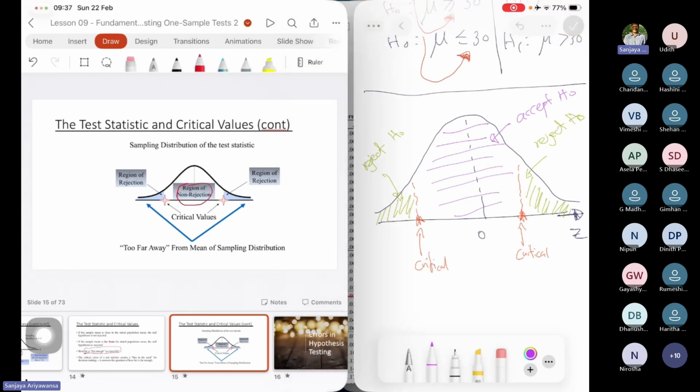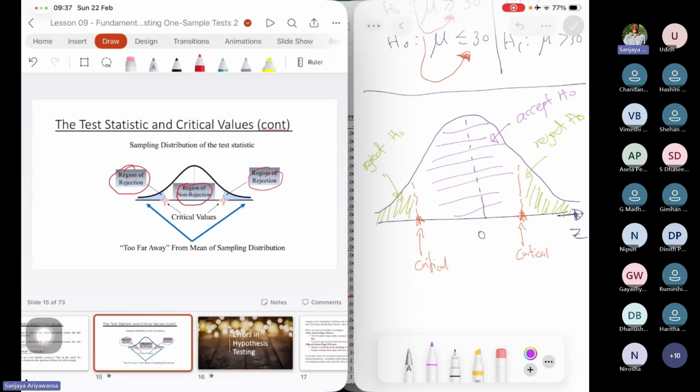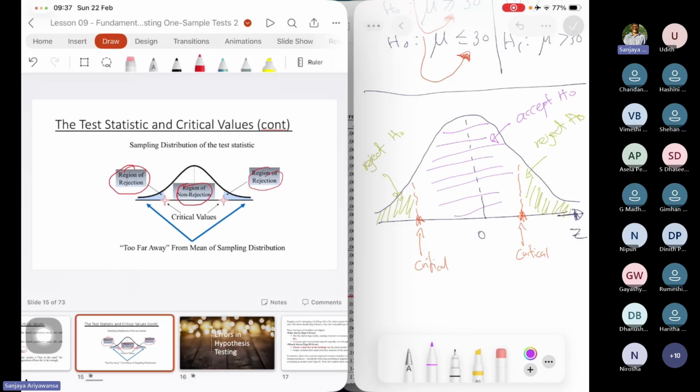That's what I mentioned here, region of non-rejection. And on either side of the critical values, we have the region of rejection. Rejecting what? The claim. What is the claim? H naught. The H naught claim could be either on population mean or population proportion, because that's what we're looking at. So you'll understand it further when we look at a few examples.